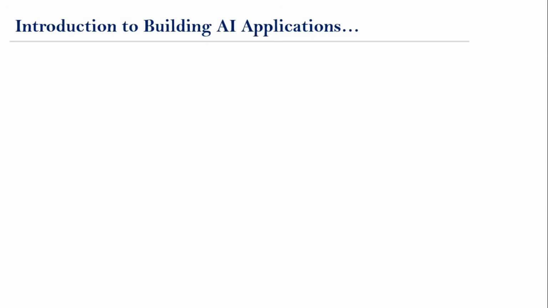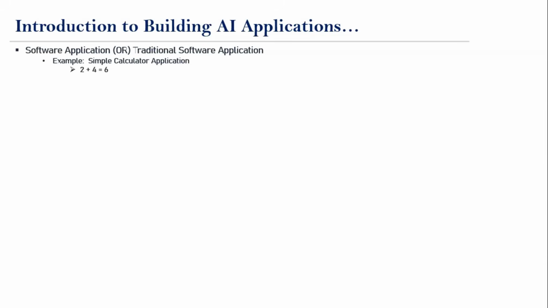Imagine you are building a simple calculator application, a traditional software application. Suppose a user enters 2 plus 4, then the calculator returns 6 because we programmed the addition logic. Now assume the user asks, what is the addition of 2 and 4?